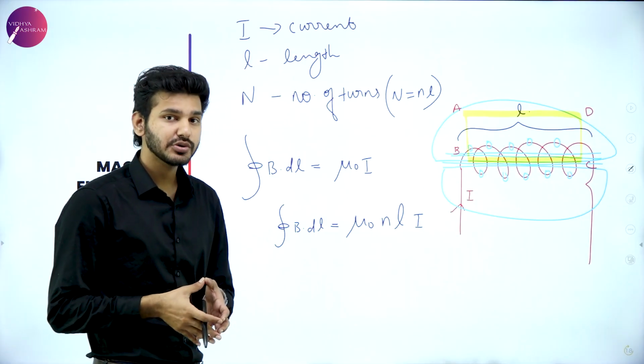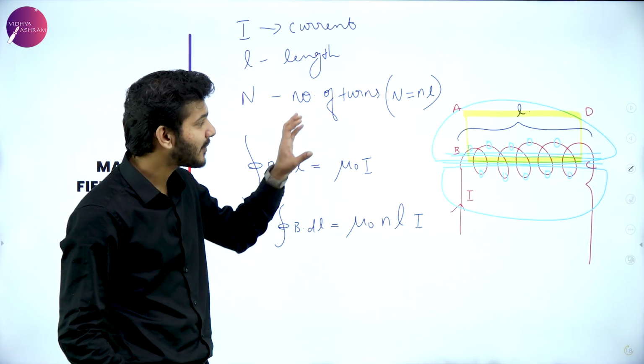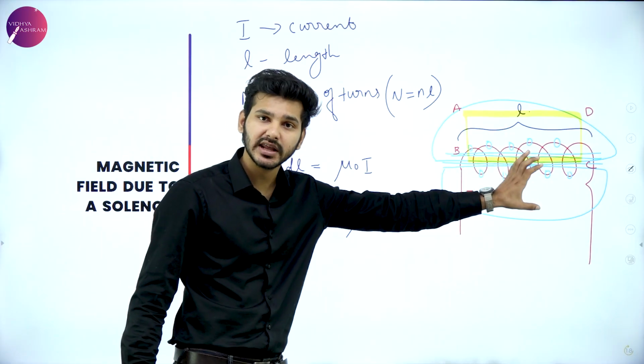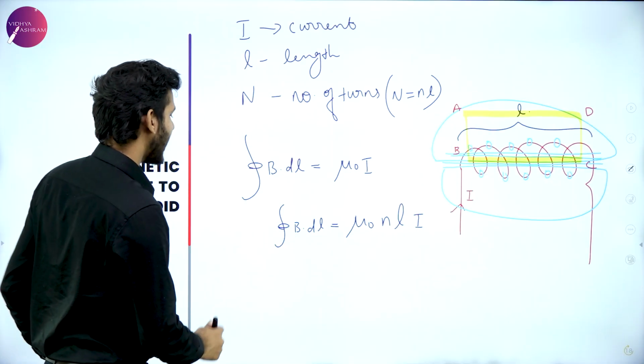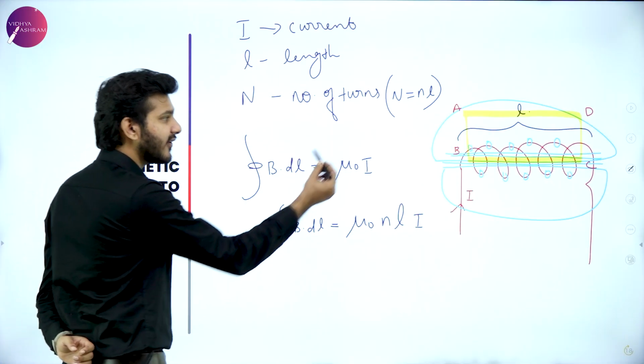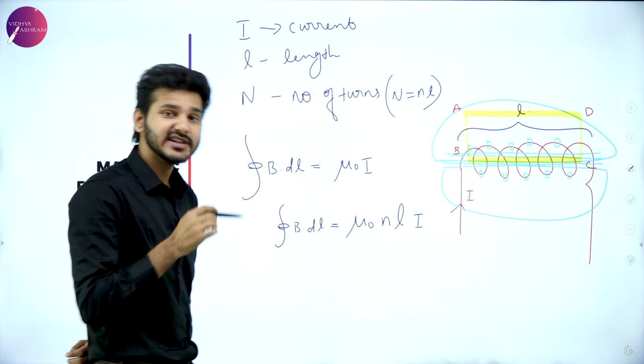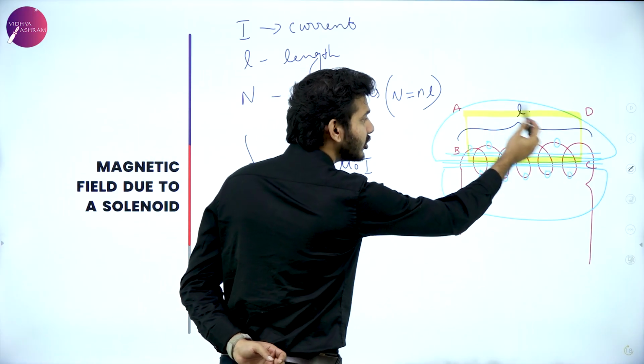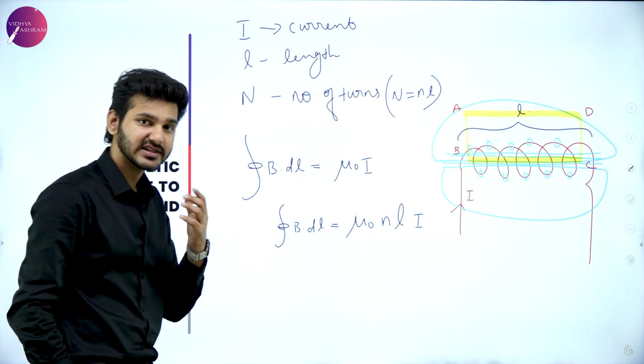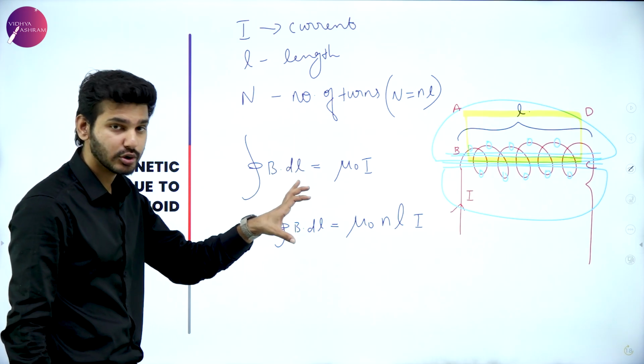So what we are going to do is find out the magnetic field in that particular area. For that, we will integrate over this limit, which is nothing but our closed surface.